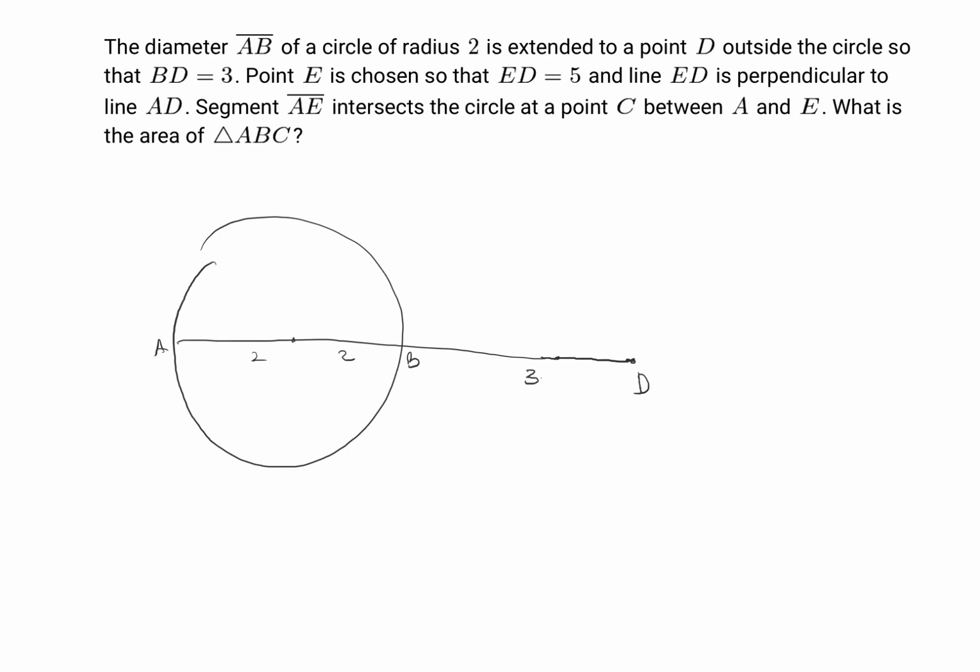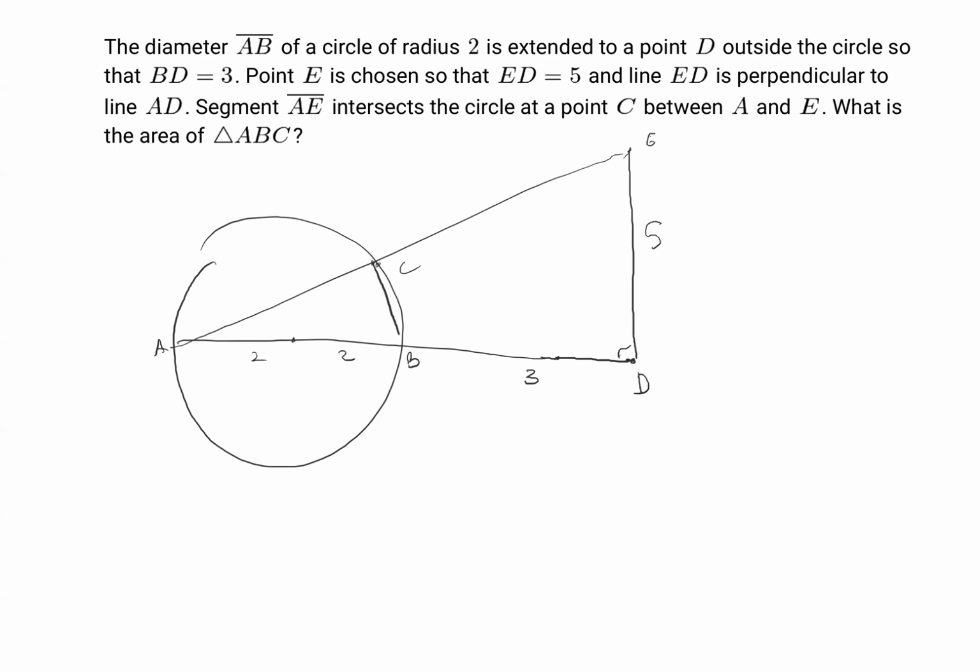And it says that point E is chosen such that ED is 5, and the line ED is perpendicular to AD, and segment AE intersects the circle at some C between A and E.